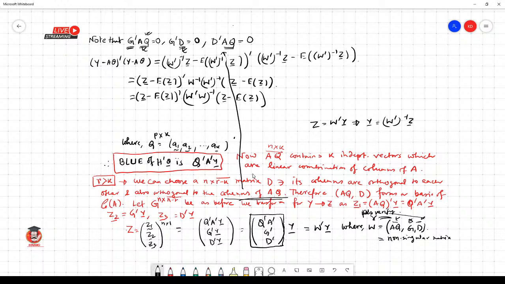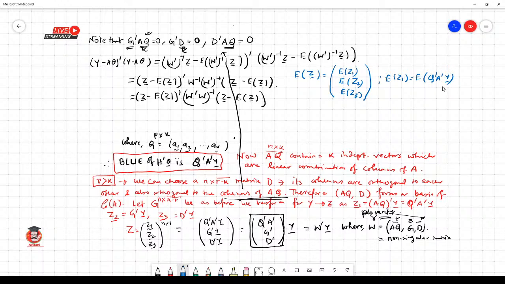Now, expectation z curl equals expectation z1, expectation z2, expectation z3, and expectation z1 is nothing but the expectation of Q curl prime A prime y curl, equal to Q prime A theta curl, this matrix is nothing but H prime theta curl equal to xi curl, under H naught.